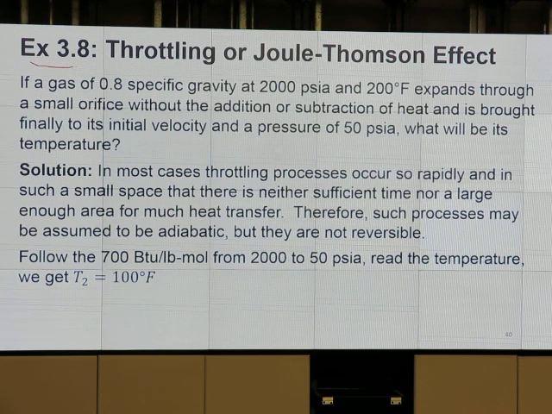Let's continue. 3.8, throttling or Joule-Thomson effect. Some people say Joule-Thomson cooling, and we can say that most of the time. Maybe 5% of the time, when we have expansion, it can be hotter. Typically, when gas expands, it is cooler, right? But for very, very high pressure, a pressure drop can make gas hotter.